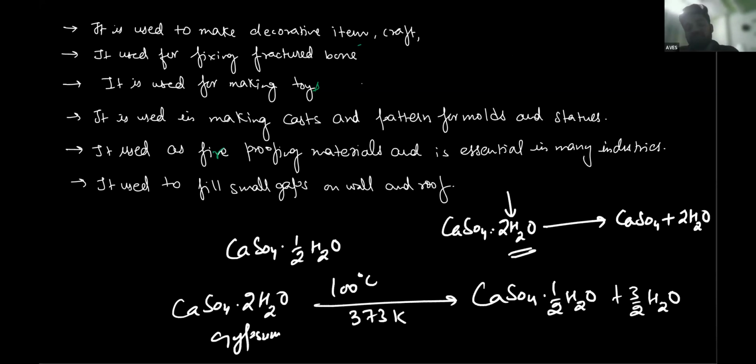So if uncontrolled heating is done, the whole water of crystallization will be lost and it will become dead burnt plaster. It is called dead burnt plaster. So note this equation fast.